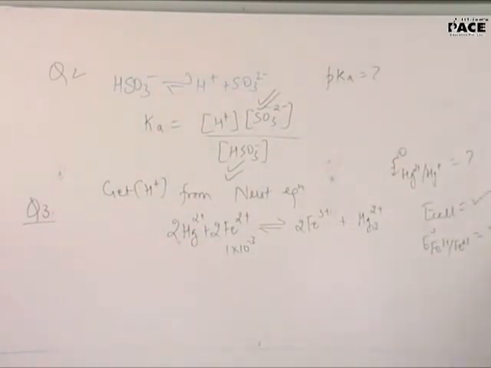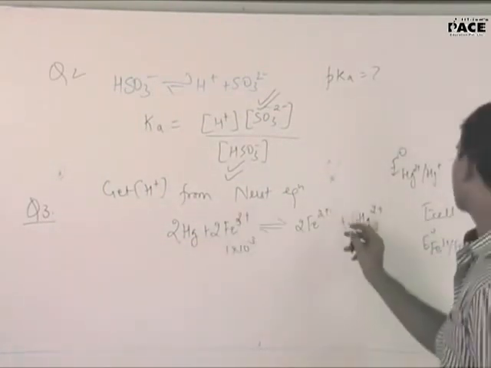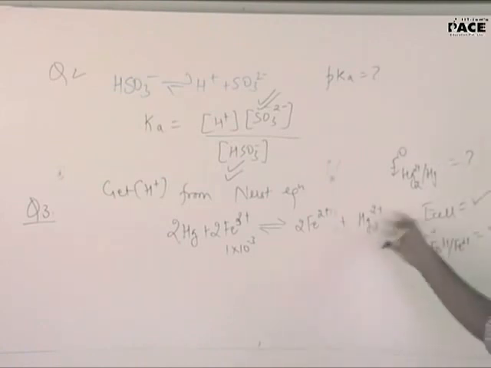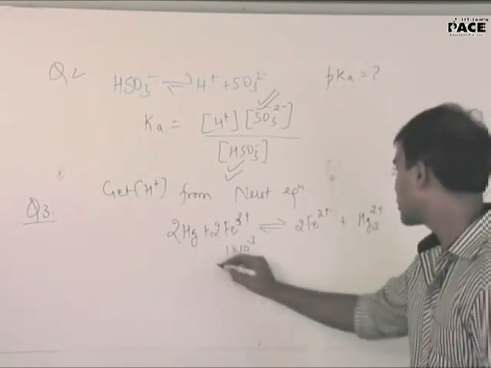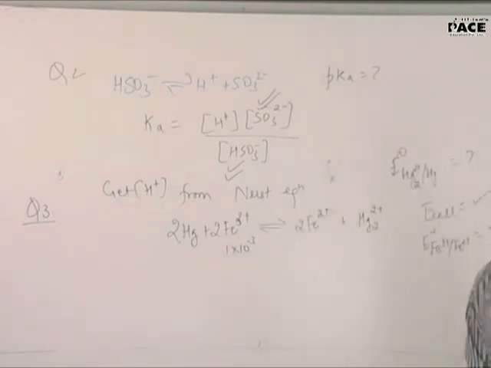So let me check. I think this should be the question. This is oxidation, and this thing is reduction. And you have to calculate this, Hg2 plus to Hg.